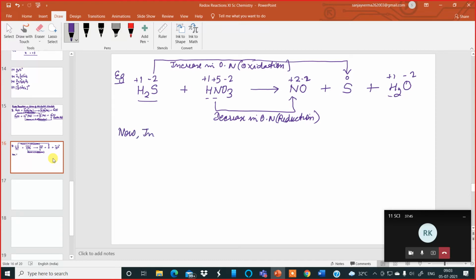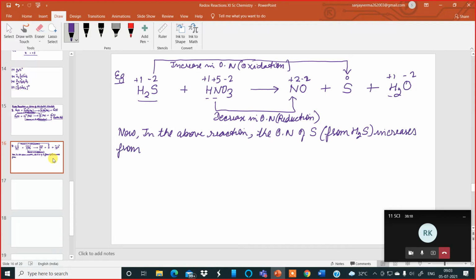In the above reaction, the oxidation number of sulfur from H2S increases from minus 2 to 0.